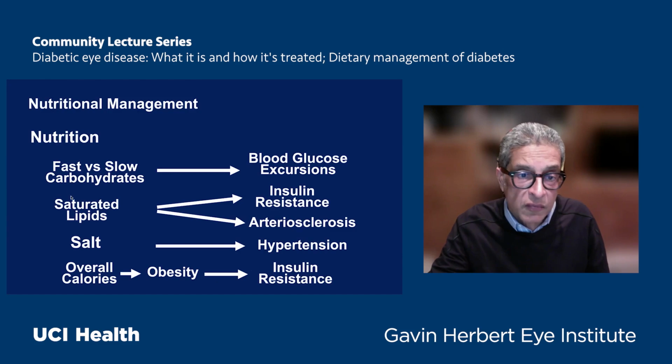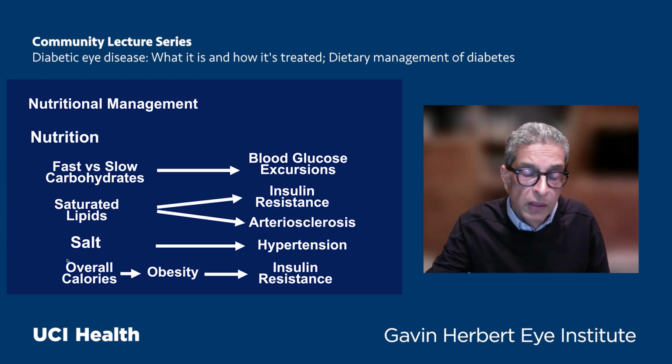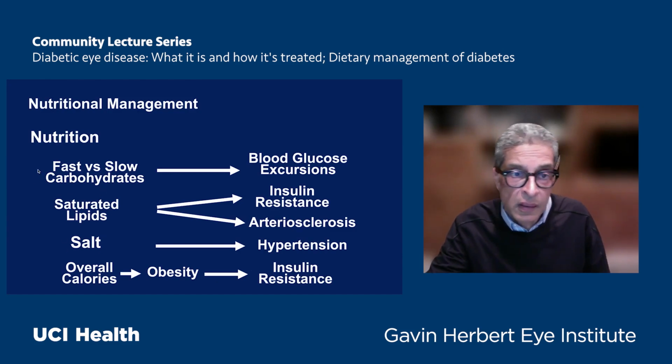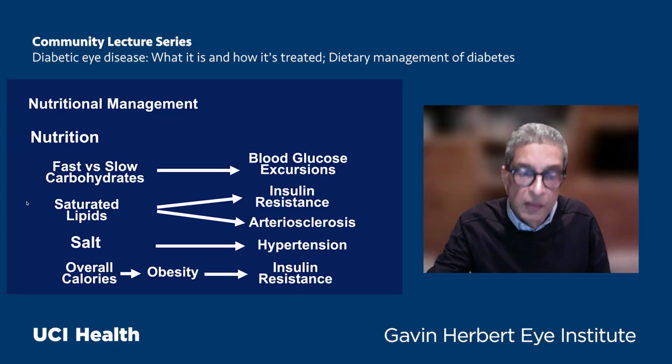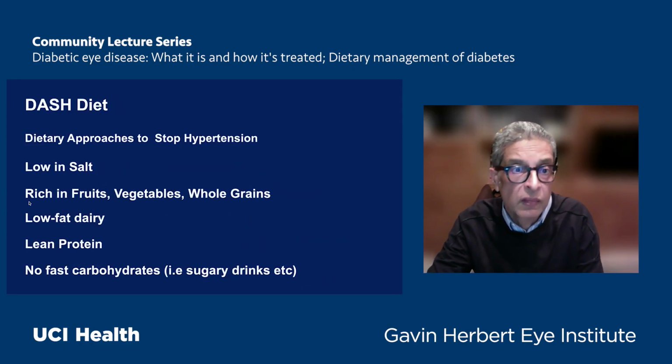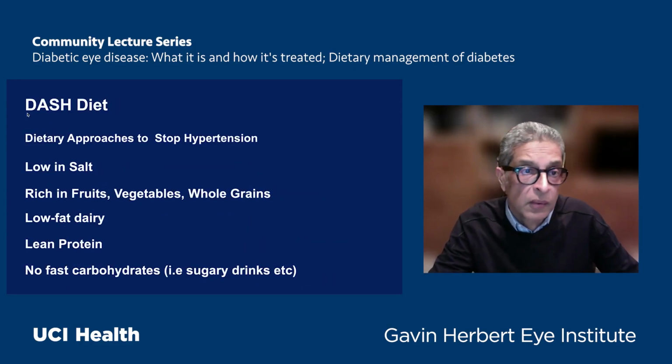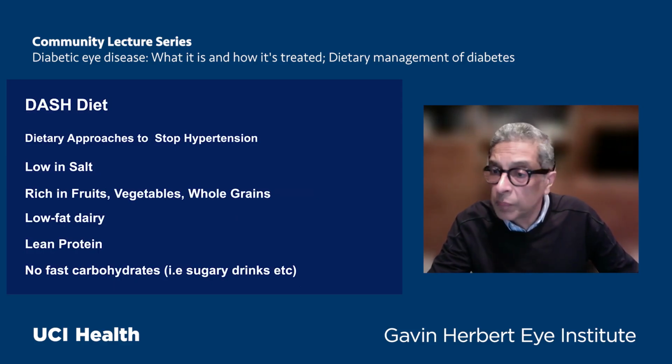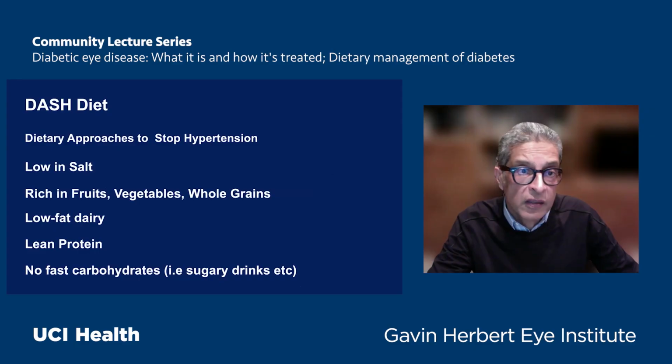And so these are the 4 things that we look out for in nutrition, and how these things can be tweaked to help people with diabetes.